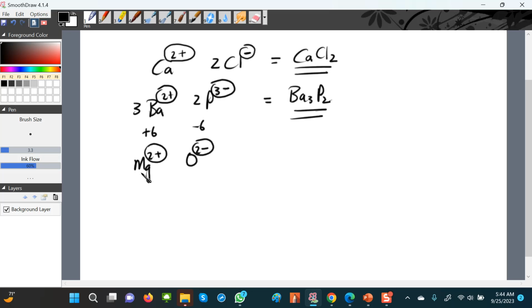So we don't need to multiply the magnesium or the oxide ion by anything. So all we have to do is just put them together, and the final answer would be MgO as the formula for magnesium oxide, and that's it, all right? So as you can see, it's a relatively simple exercise in terms of determining what the formula is based on the name of the ionic compound.